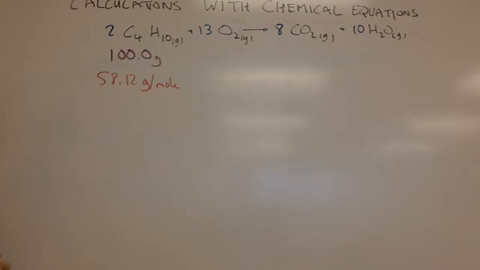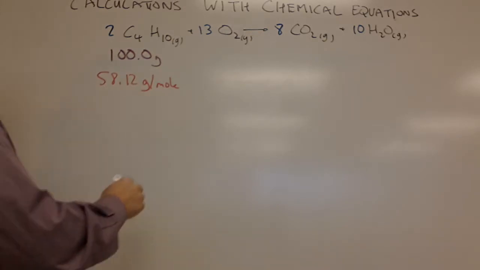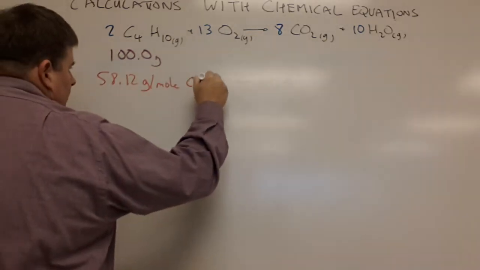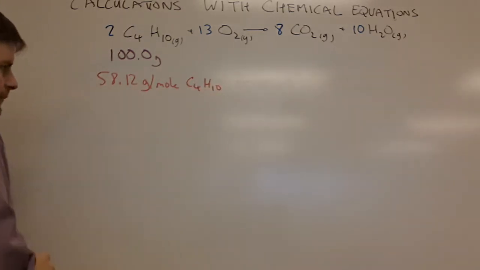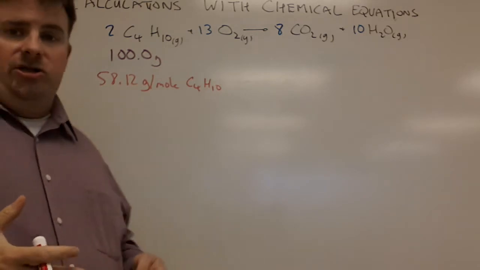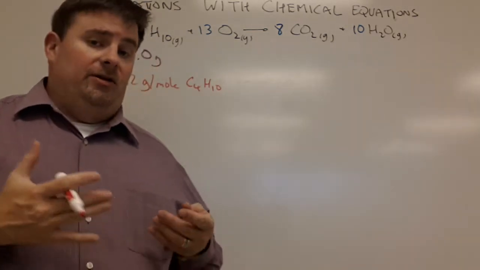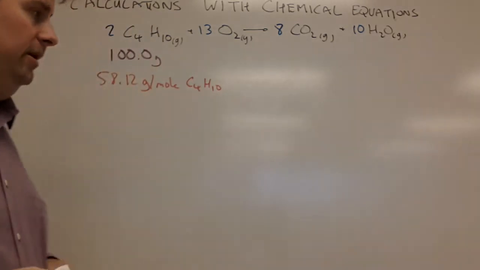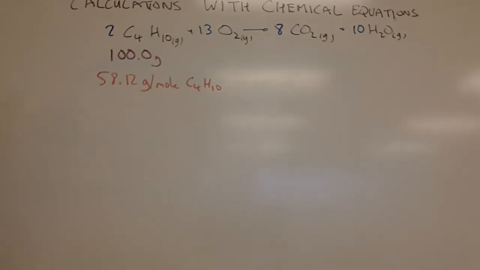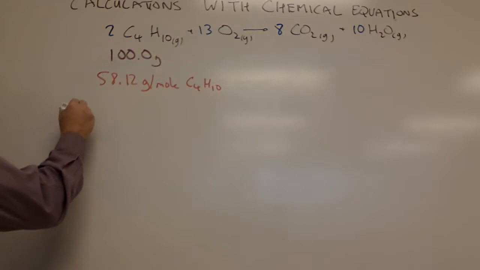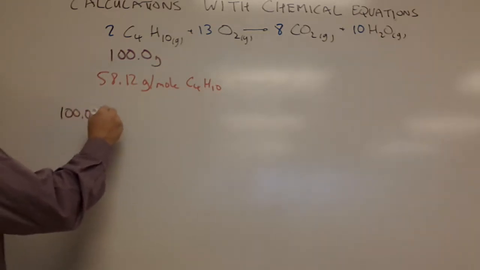And that's how much a mole of butane is going to weigh. If we do that, we'll be able to use the molar ratio and find out the amounts of everything else that we're going to be using in this problem. Okay? So I start with 100 grams of butane.